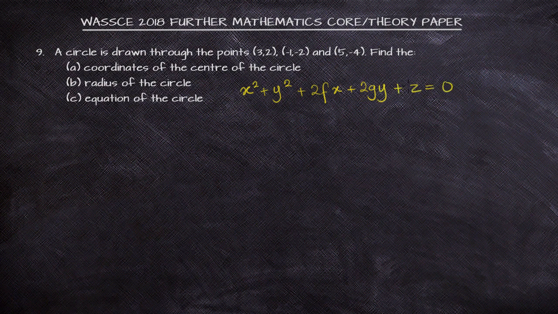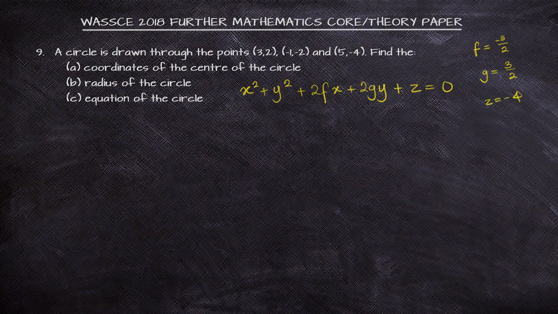Now, I've gotten the values of f, g, and z. If you recollect, we have f to be minus 5 over 2, g is 3 over 2, and z was obtained as minus 4.